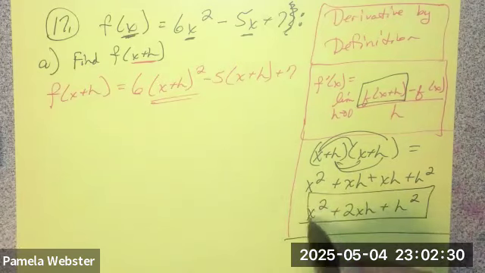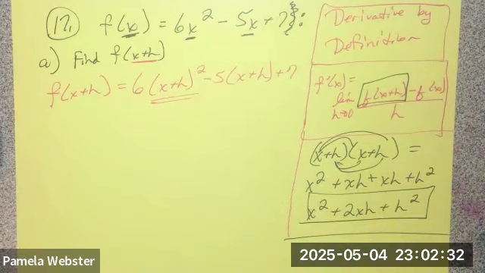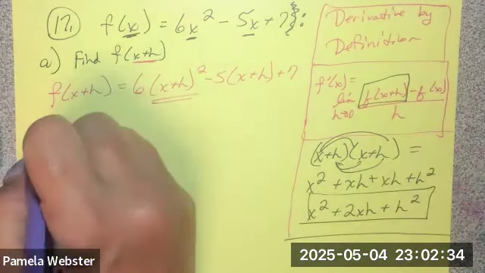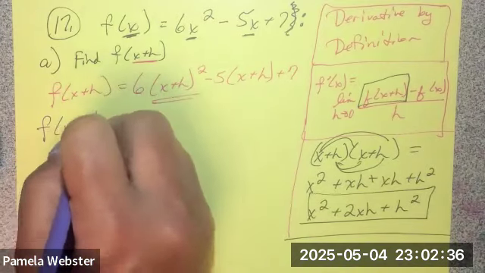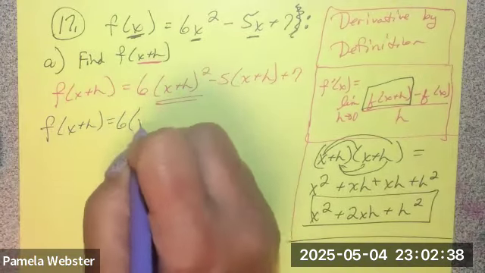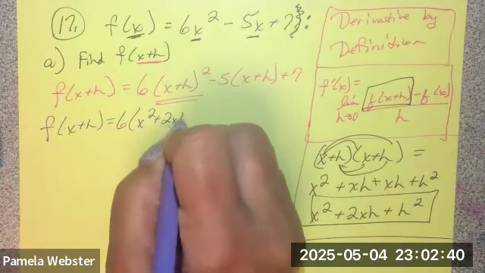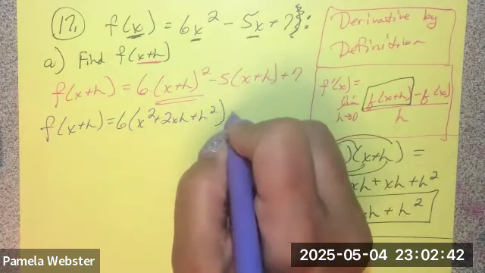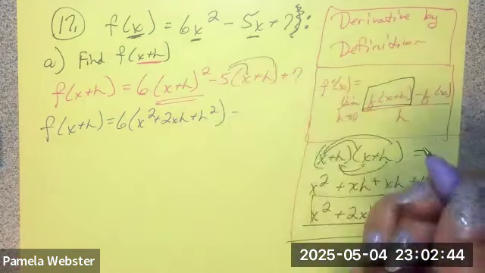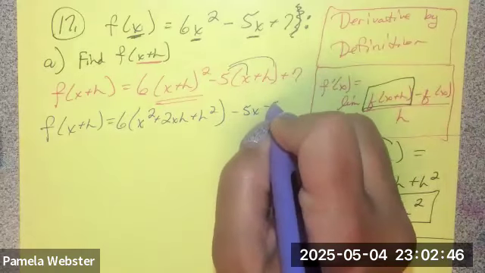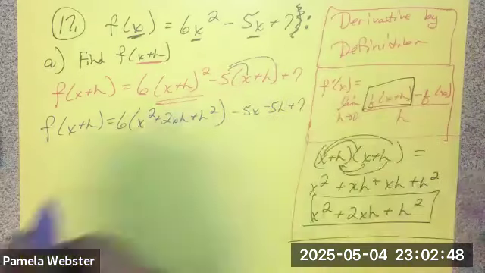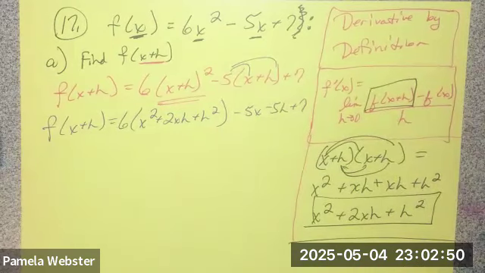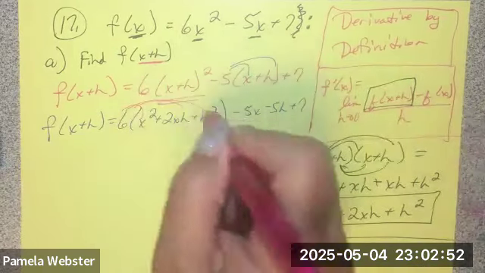But hopefully, a lot of us know by now that we can just substitute that in. It's 6 times x squared plus 2xh plus h squared. Minus, this guy gets distributed through, 5x minus 5h plus a 7. All right. And then this 6 needs distributed.